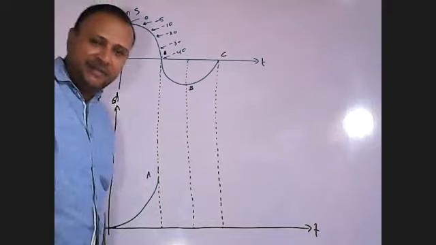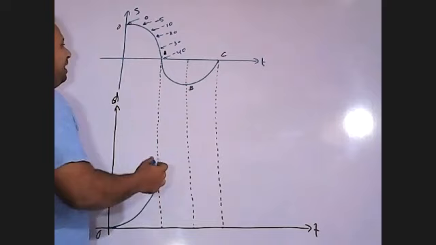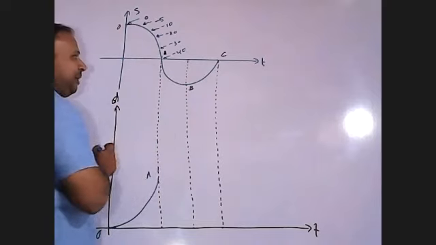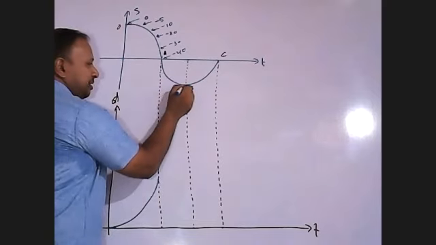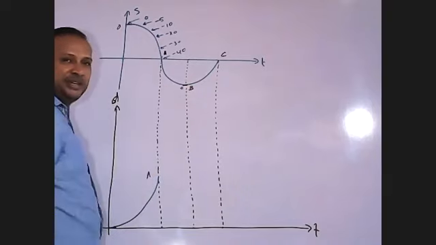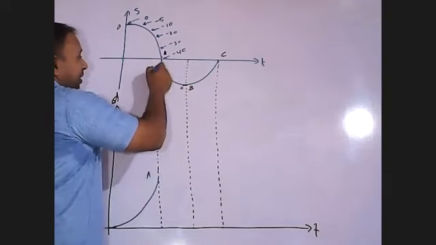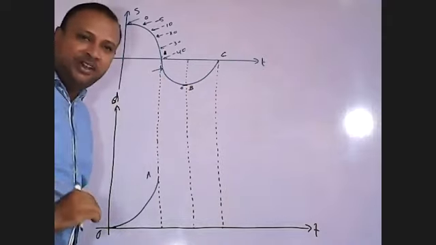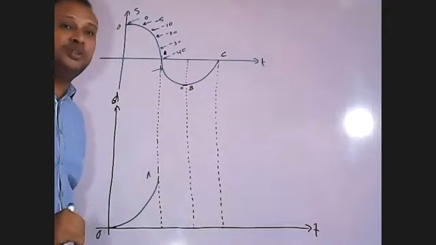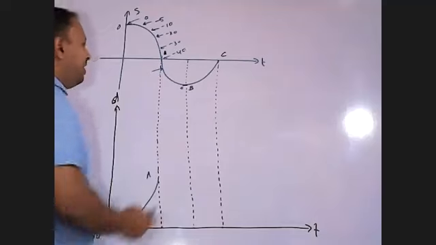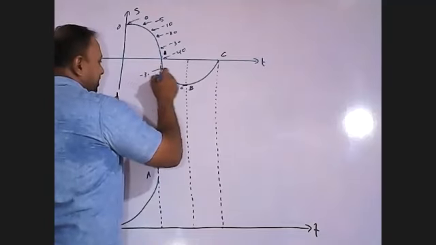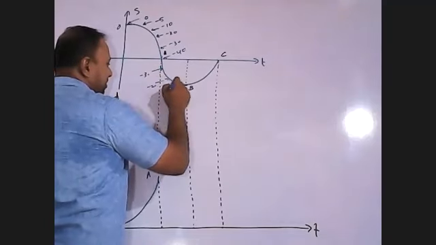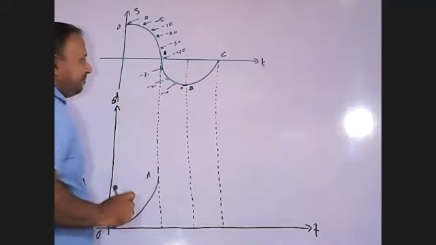Therefore, we have to consider the values now. The initial value is -40, and this value is 0. So -40, then the negativity of the velocity should be reduced. Then -30, -20, -10, something like this.